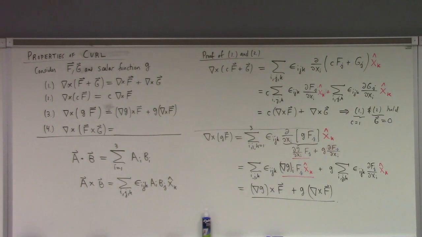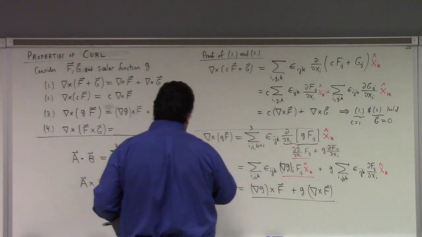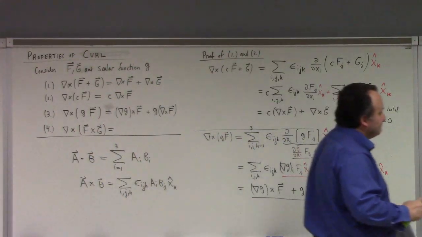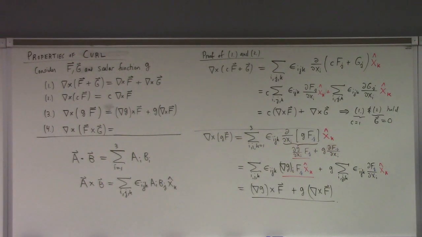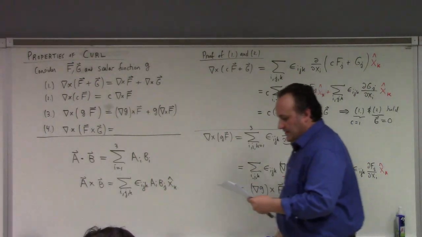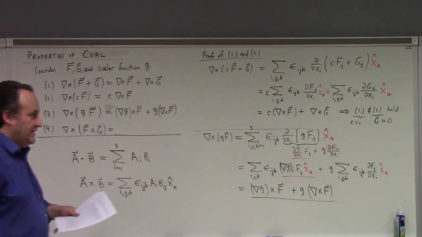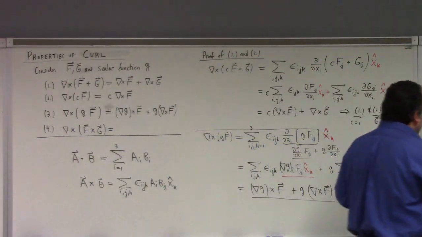There's three of these. What I'm about to tell you is more important than the thing I've skipped. These three identities are very, very helpful in the study of the structure of vector fields.